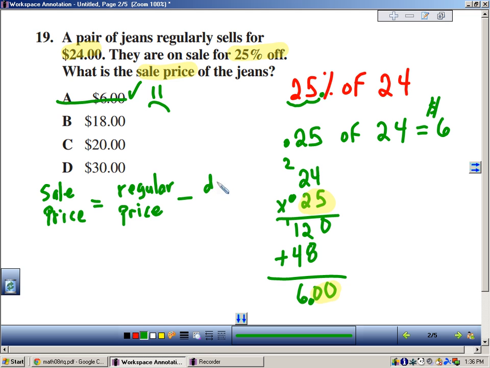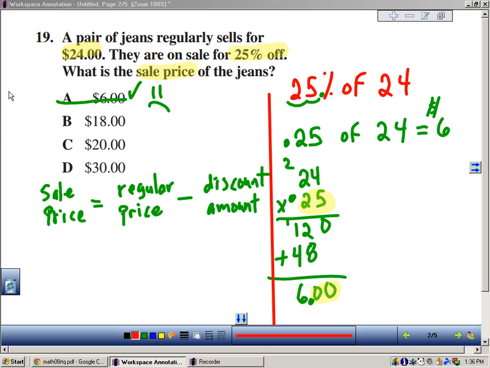The discount amount. So, what I've just done here is I've made the question into 2 separate sections, and that is, if you look closely, this whole step over here is how you find the discount amount.